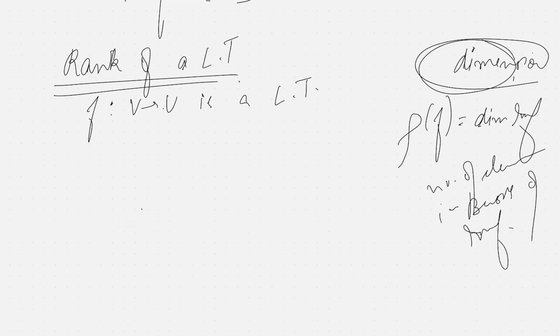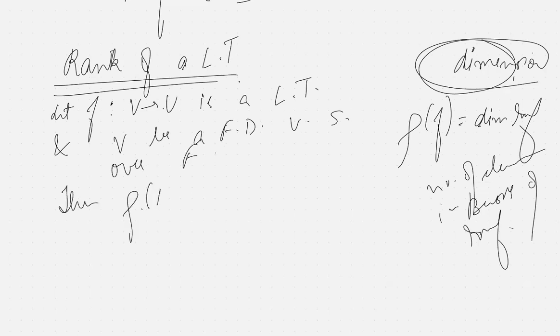So that means V is finite dimensional. So let F from V to U be a linear transformation and V be a finite dimensional vector space over F. Then the rank F is equal to the dimension of the range of F or the dimension of image of F, whatever you want to write.